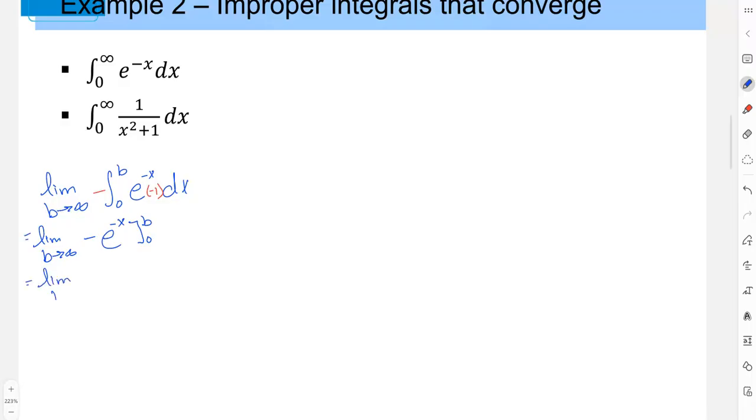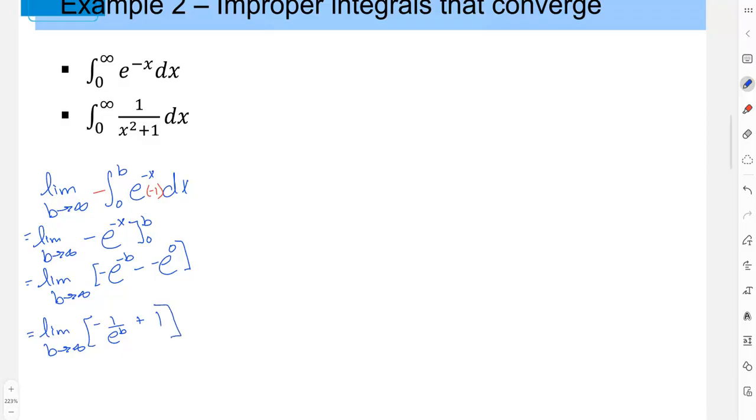And we're going to have the limit as b goes to infinity of negative e to the negative b minus negative e to the 0. So let's think about what's happening in this case. This is negative 1 over e to the b plus e to the 0, which is 1.